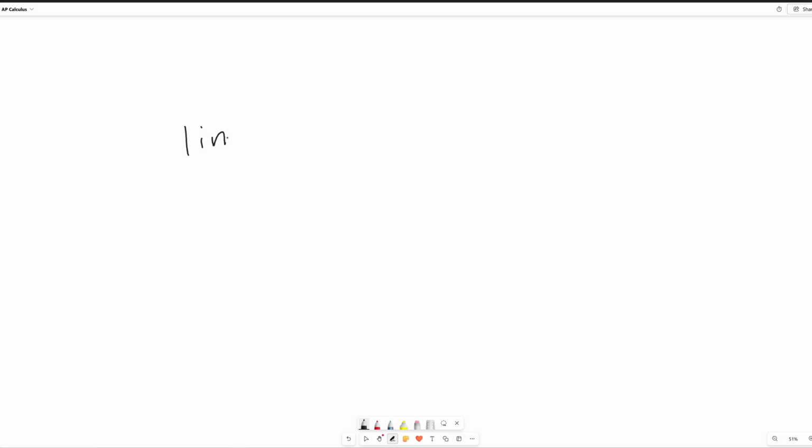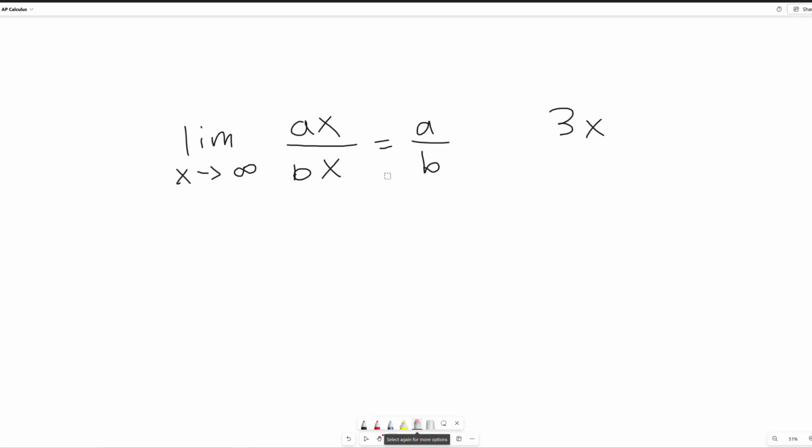If you have the limit as it approaches infinity of ax over bx, it is going to be a over b. So if you have 3x, well, I should add in the rule, plus c and plus d. So if you have ax plus c and then bx plus d, it is just going to be a over b.